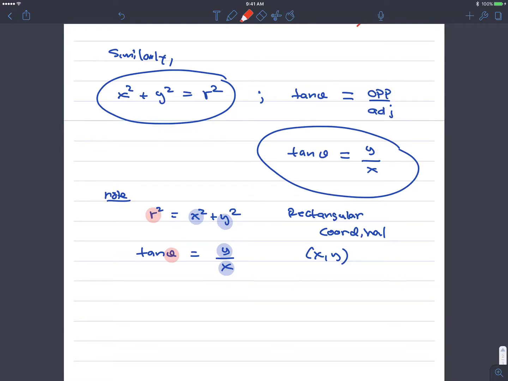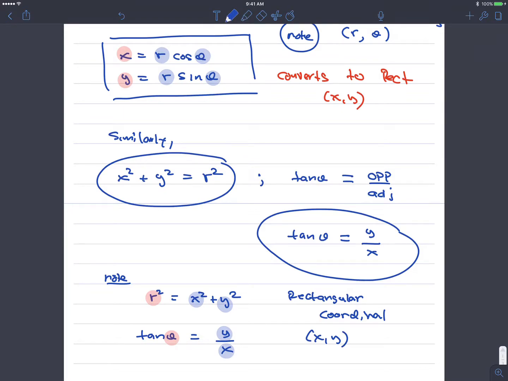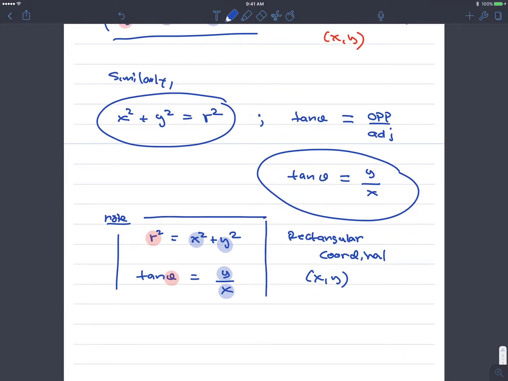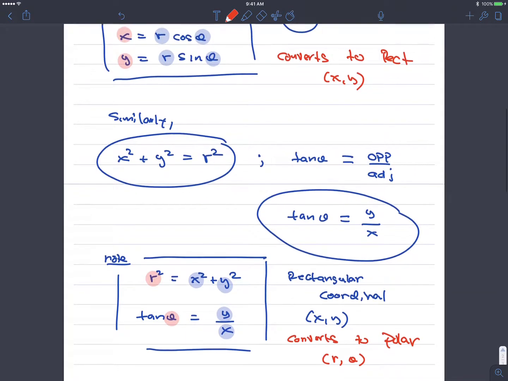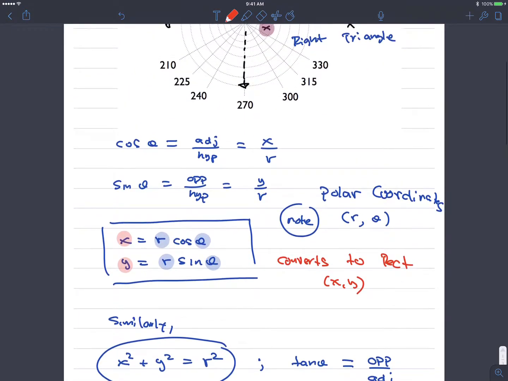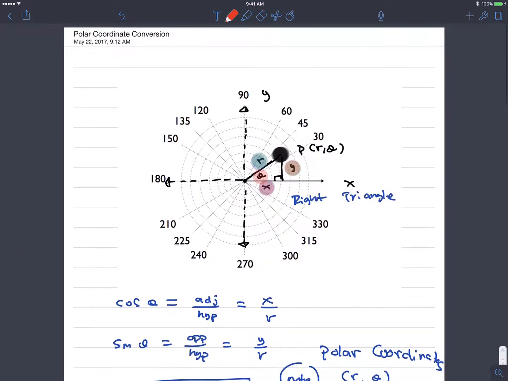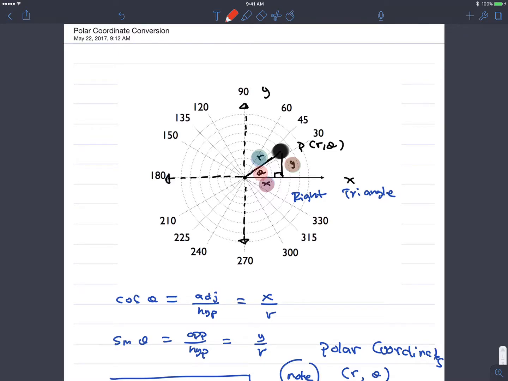So this approach here, when I use these equations, will give me essentially a conversion to polar. This converts to polar. R value, theta value. Okay, so far so good? So this is our conversion format here. So you can study that and take a look at this. It's in every book. This is the approach.